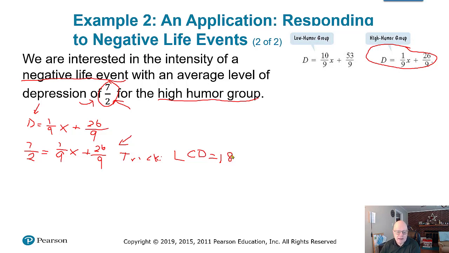Now where does it fit in? Well, very nicely. You're going to use this 18, the lowest common denominator, and you're going to multiply all the way through by 18.